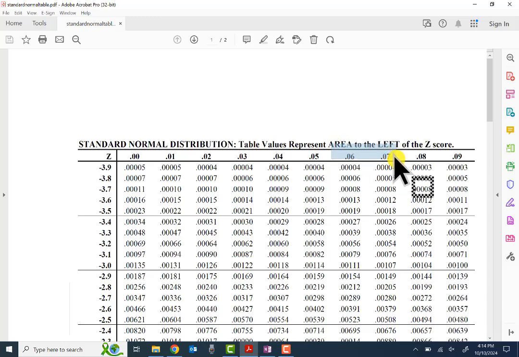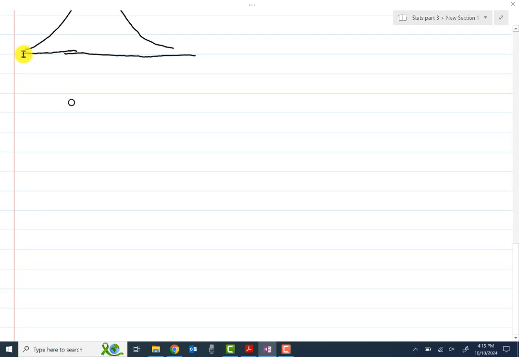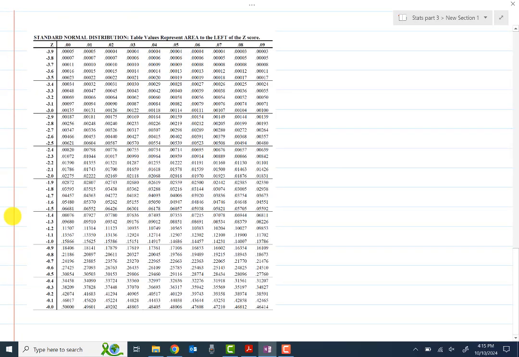And this, when they say the area to the left, let me tell you what that means. So I'm going to take a picture. I'm going to take one of these and make it small enough so I can fit it into our work. What I want you to notice here is the area to the left of the z-score.